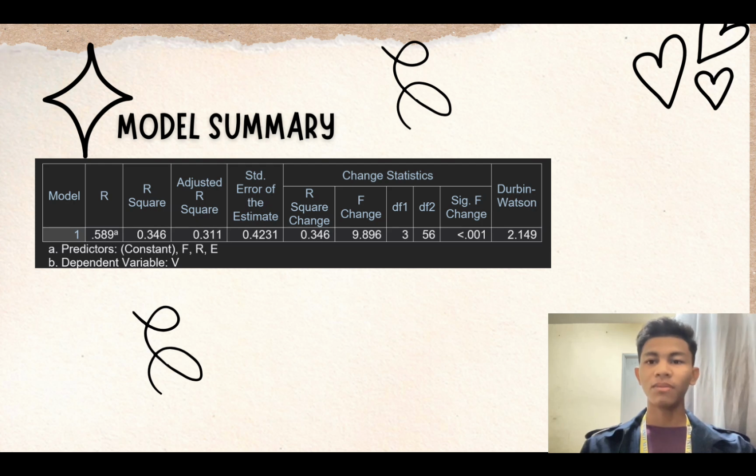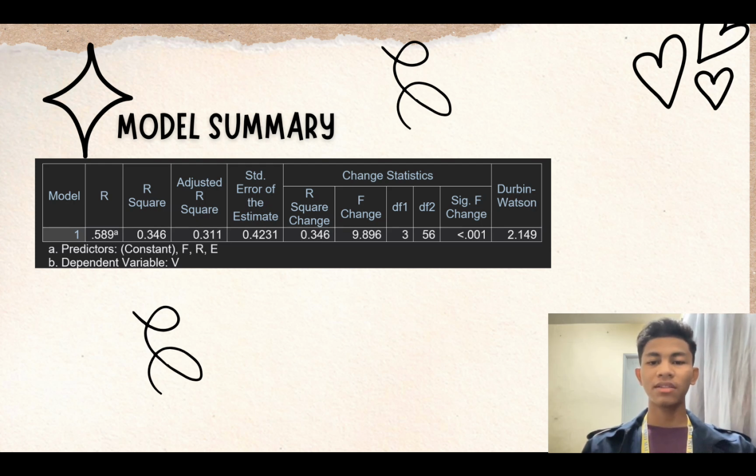Next, we go to the model summary. The model information for the model summary is R, the correlation coefficient, which is 0.589. This suggests a moderate positive linear relationship between the independent variables and the dependent variable V. R square is 0.346, which indicates that 34.6% of the variance in the dependent variable can be explained by the independent variables.